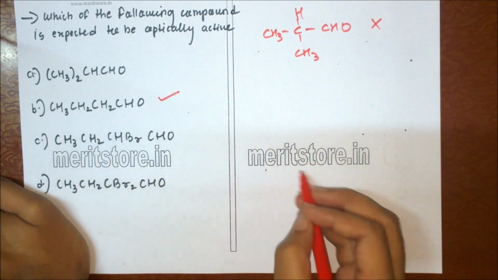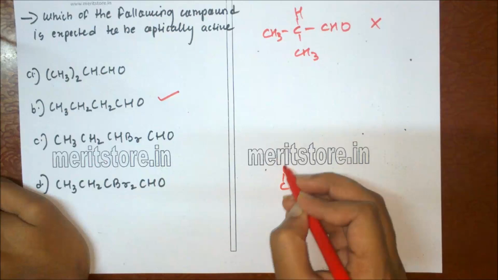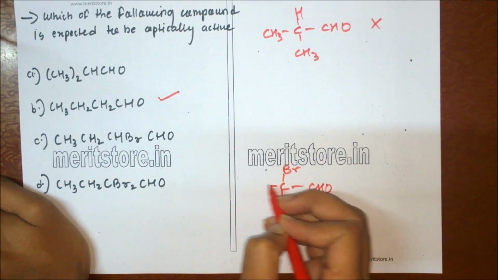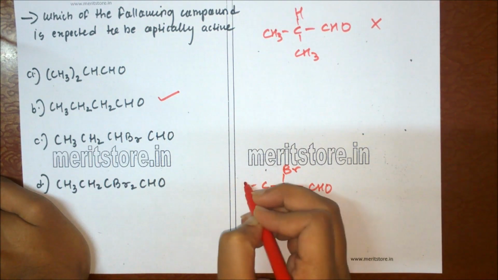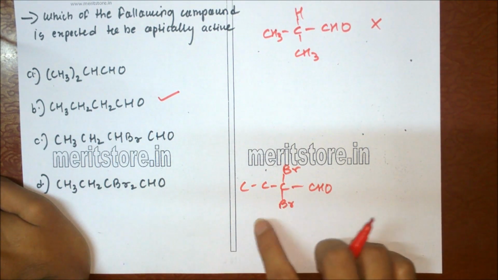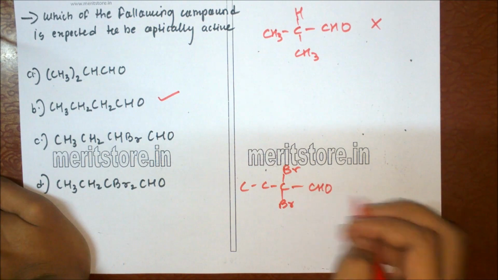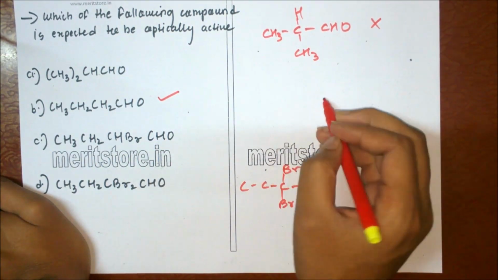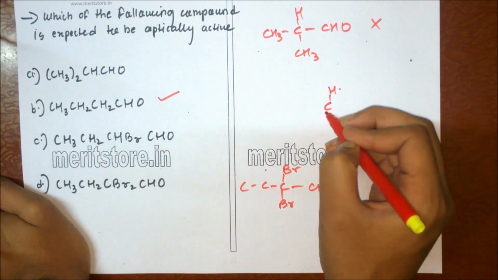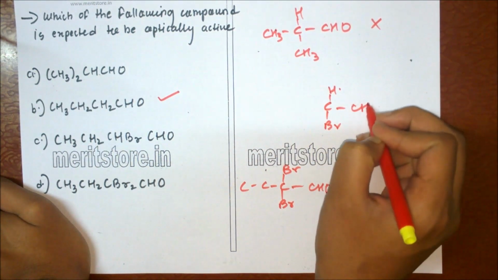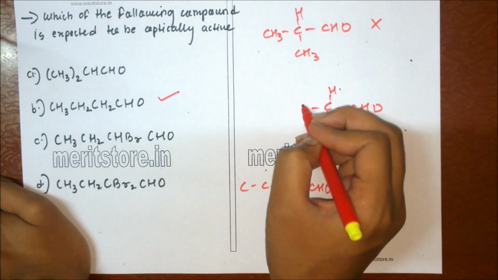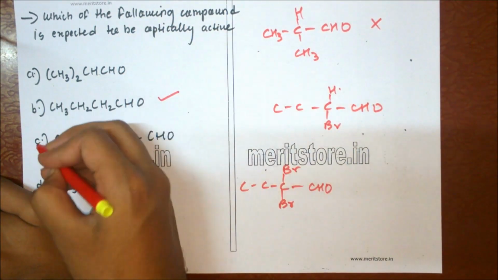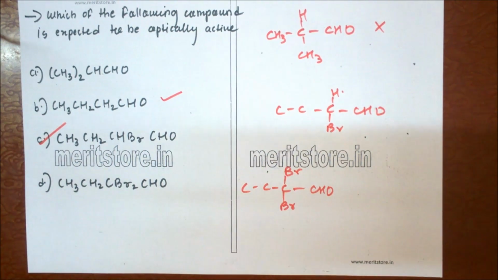In the fourth structure, the carbon has two bromines attached, one aldehyde group, and one ethyl group. As this carbon has two identical bromine substituents, it does not have a chiral center. In structure C, there is one hydrogen, one bromine, one aldehyde, and one ethyl group attached. So this has a chiral carbon, and it will show optical activity. Option C is the correct answer.